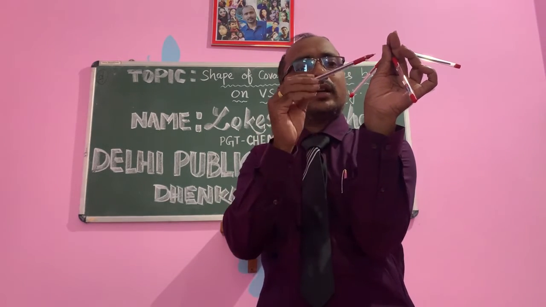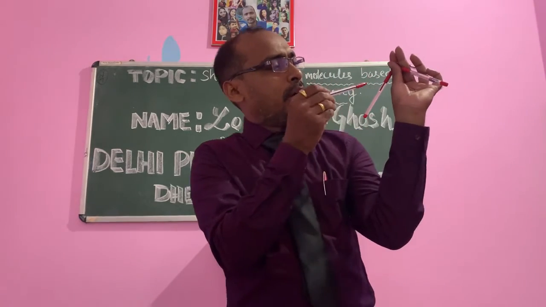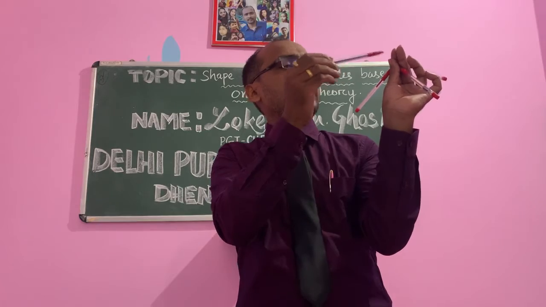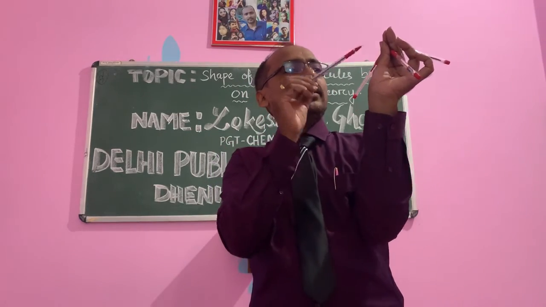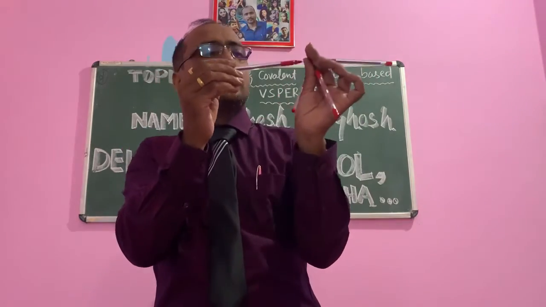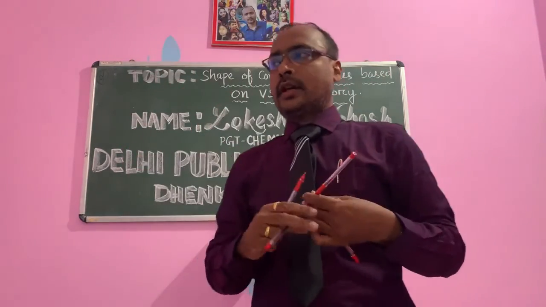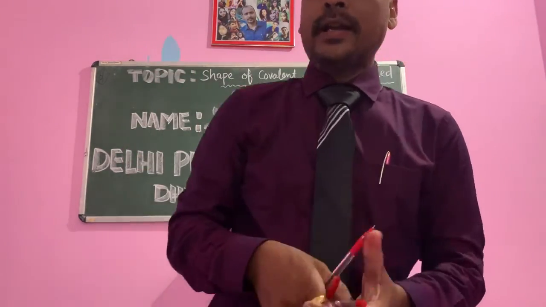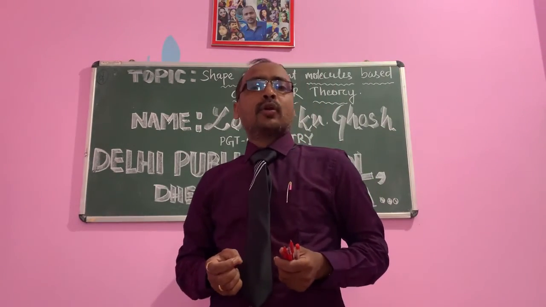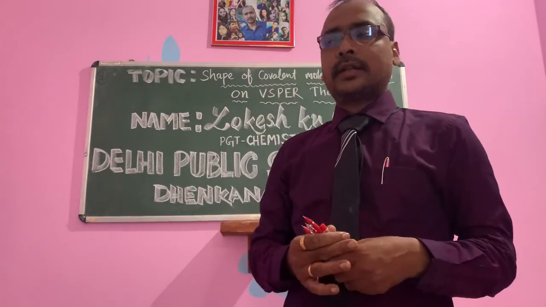This bond angle is 173, and these two bond angles are 102 degrees. The hybridization is sp3d type, and the example is sulfur tetrafluoride, SF4.